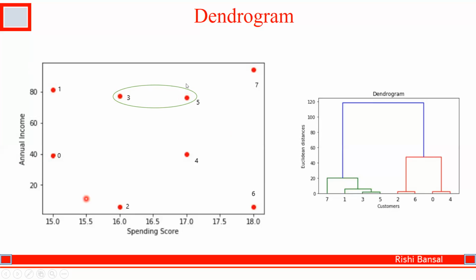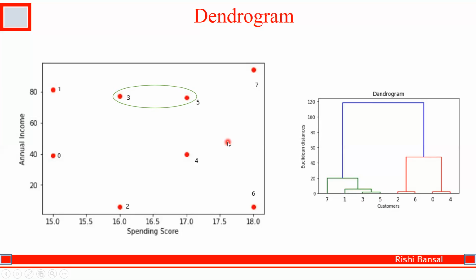So don't go by the graphical distance. 3 and 5 are the closest ones, so see, 3 and 5 were connected first, and the vertical line represents the Euclidean distance between these 2 points.